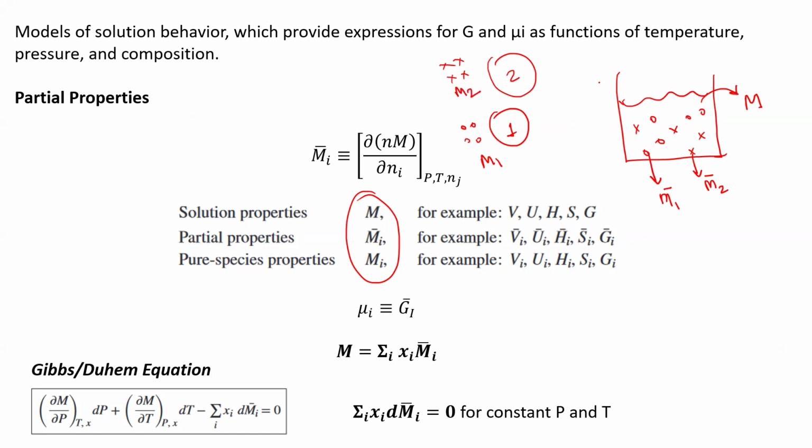This is the one we have discussed earlier and how they can be related. So the overall property of a mixture is the summation of Xi into Mi bar. It is not Xi into Mi, but Mi bar that is defined. How this Mi bar is derived, we should be discussing.